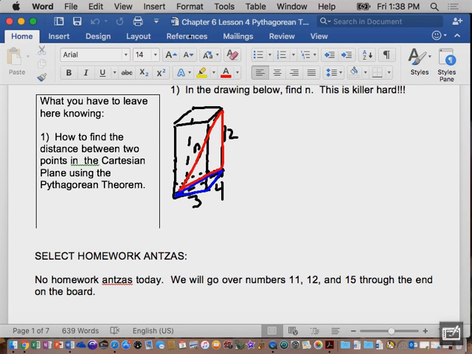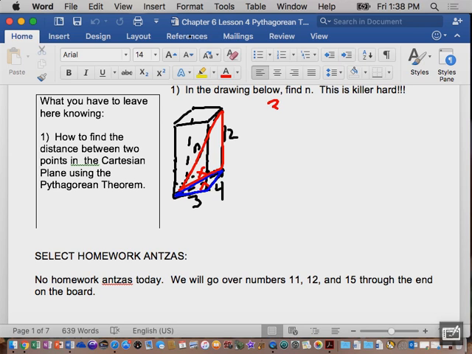Okay, so let's just concentrate on the blue. I don't want to think about the red one at all right now. This is a leg and this is a leg, and here is your right angle. So I'm going to call the distance across from it, the hypotenuse, x.